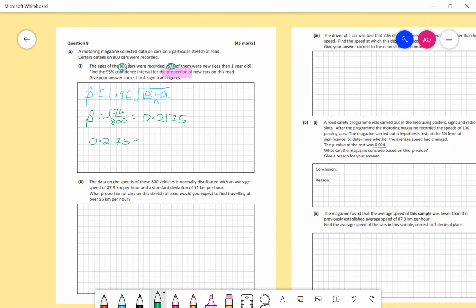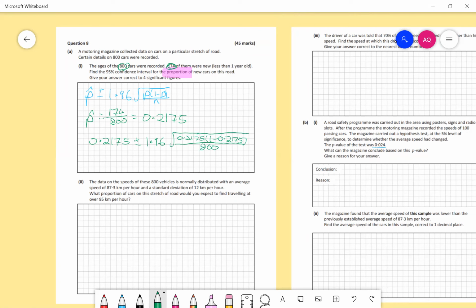So now to create our confidence interval, we just need to look at 0.2175 plus or minus 1.96 times the square root of 0.2175 times 1 minus 0.2175, all over the n, which has to be 800.